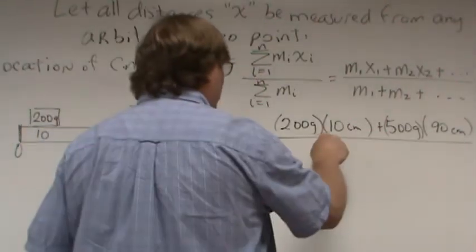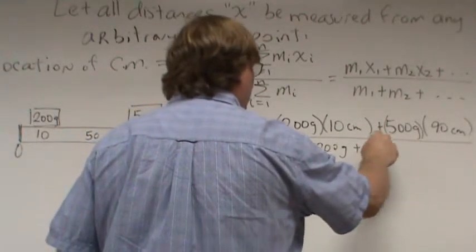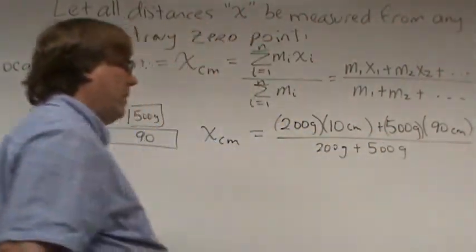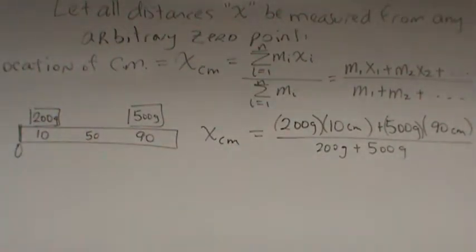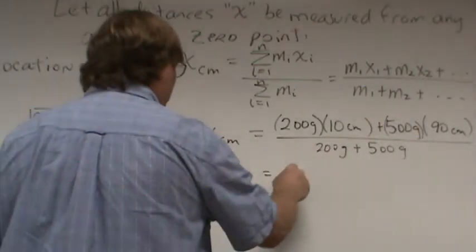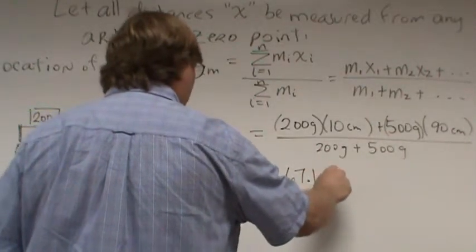And then I've got 200 grams plus 500 grams in the denominator. Do you see that the numerator is in the units of grams centimeters and the denominator is in the units of grams? So the grams cancel, leaving you with just centimeters. And if you do the punchy, you end up with 67.1 centimeters.